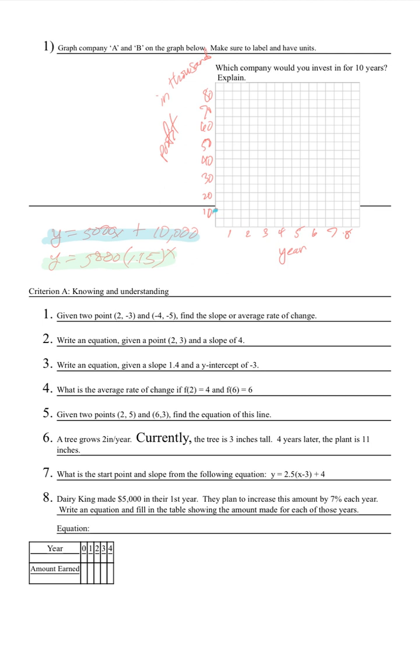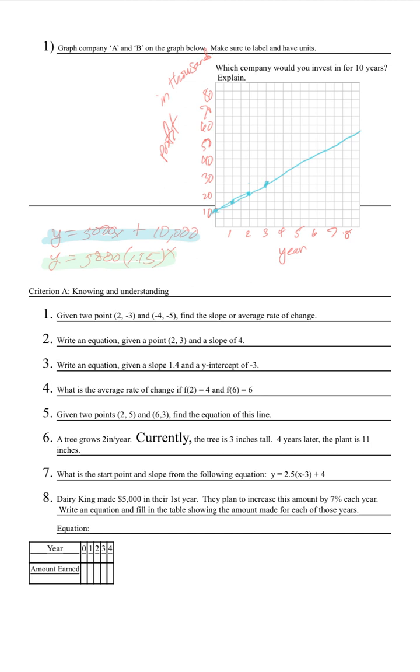So each increment's 5,000. So it'd be about right here. Okay. So it goes up every time, up 5,000 over 1 year. Okay, so something like that, and then you have your graph. Of course, like that. Okay.